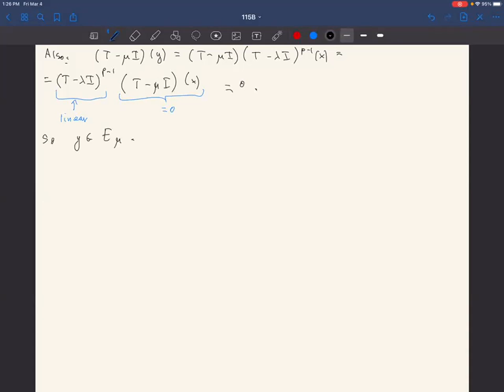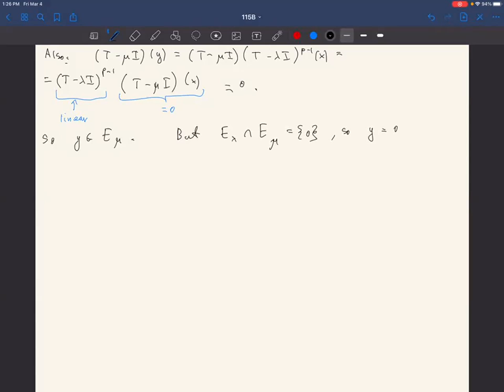Okay, so y belongs to two eigenspaces, but this is unlikely, right? Because we know that if you intersect two eigenspaces corresponding to distinct eigenvalues, we only get the 0 vector. So y has to be 0 as well. So y is equal to 0.